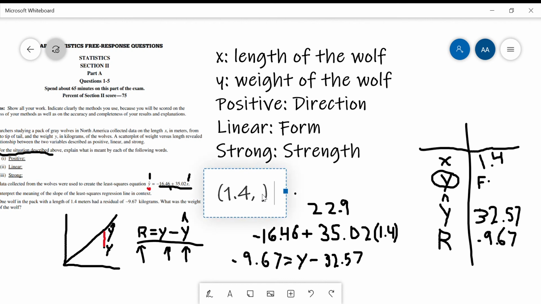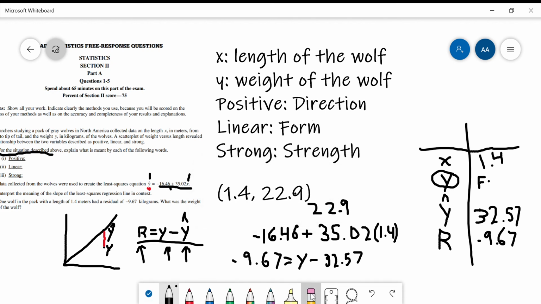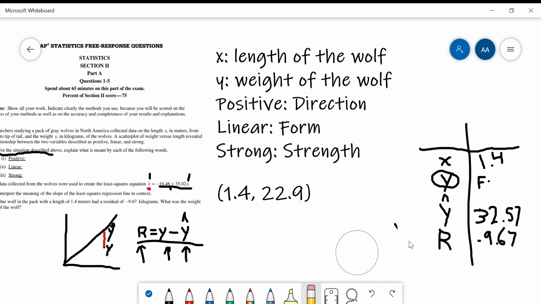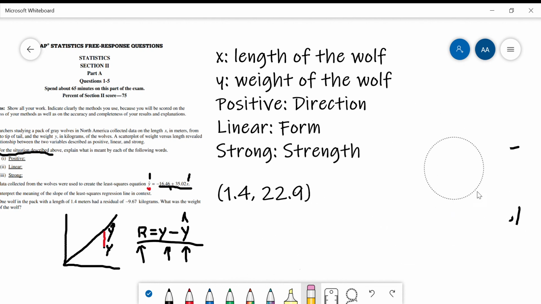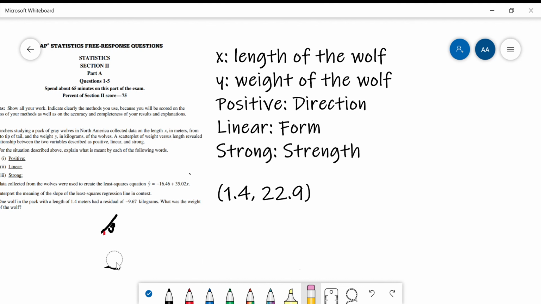Right here. So the actual coordinate would look something like this. But they didn't want the actual coordinate. You can just play back if you want to see my work again. And if you want to do a little drum roll, you can get the weight of the wolf to be 22.9 kilograms.